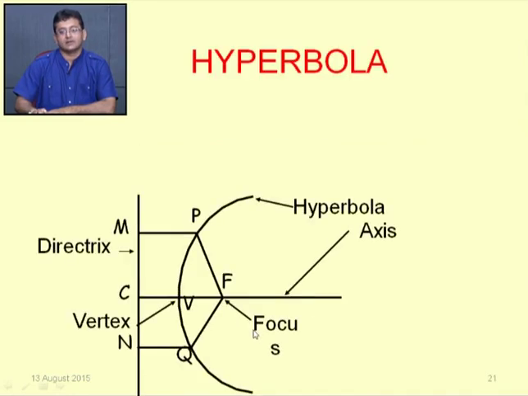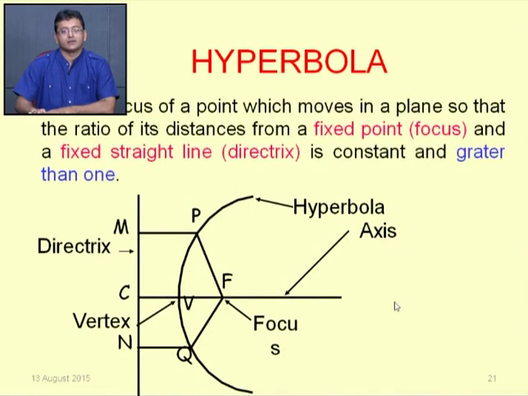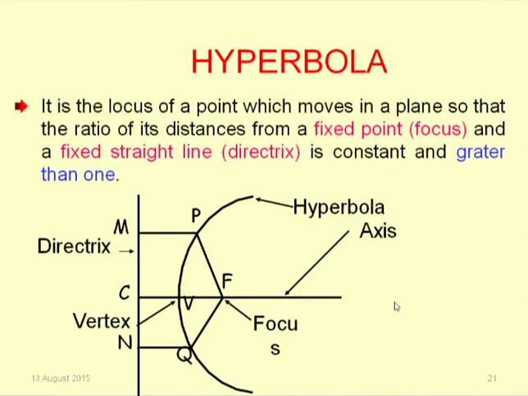Now let us understand what is parabola, what is hyperbola. It is the locus of a point which moves in a plane so that the ratio of its distance from a fixed point and a fixed straight line is constant and greater than 1.